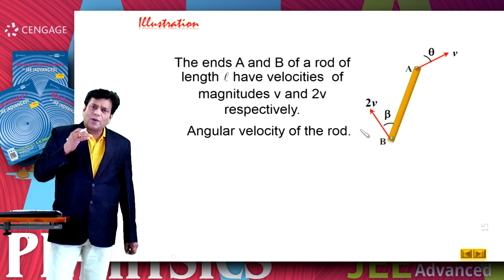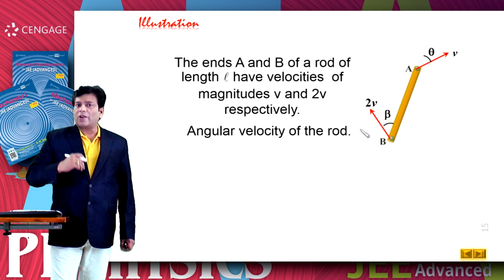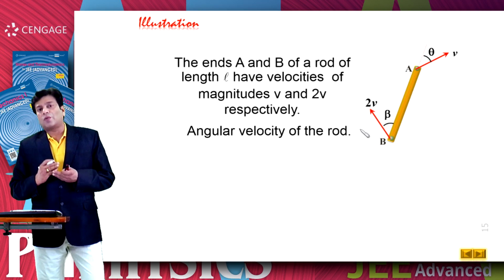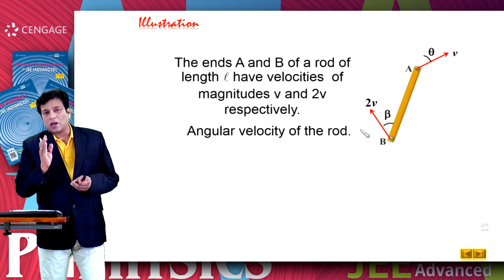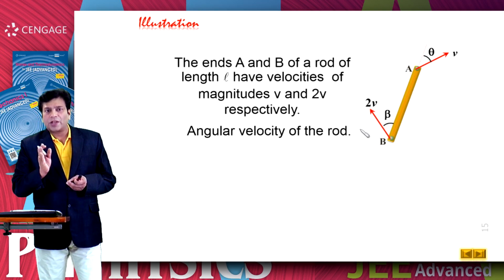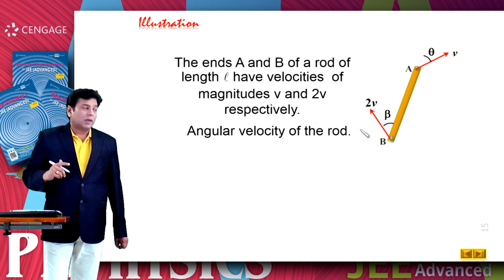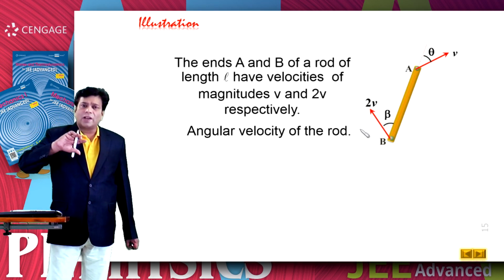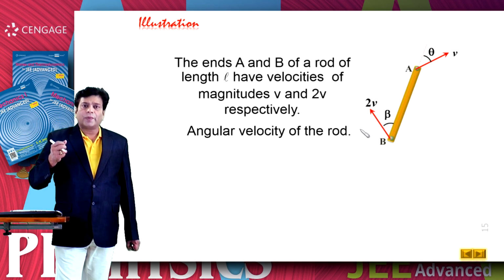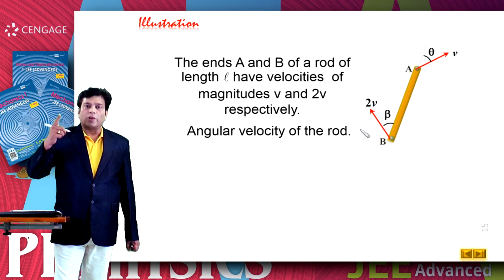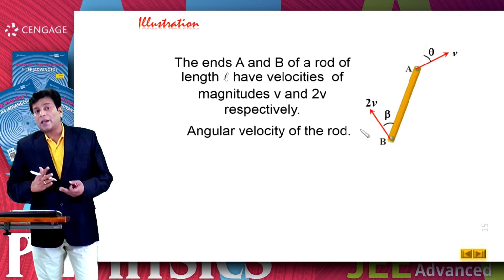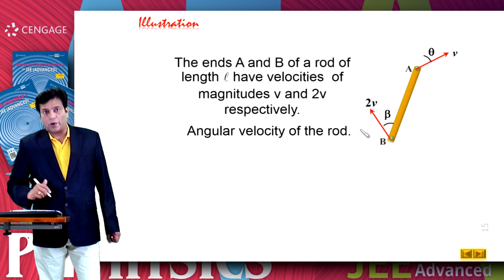Correct? And we know, for finding the angular velocity, first of all, we need to draw the component of the velocity along the length of the rod and perpendicular to the length of the rod. And we know, if we calculate the relative angular velocity of any point with respect to other point, that will be nothing but angular velocity of the rigid body.